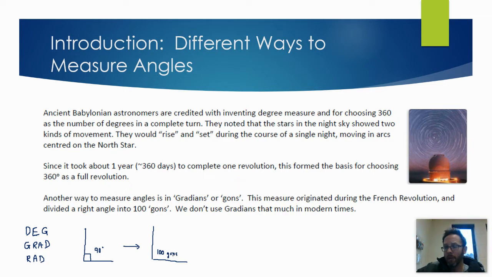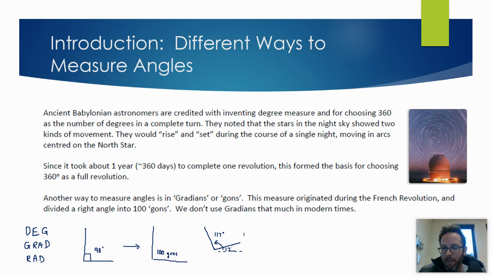And so one complete revolution would be 400 gons. One way this was useful is that two angles would always be perpendicular with each other if you just add 100. So if you had 17 degrees and you wanted to know what angle was at a right angle to that, you just add 100, so 117 degrees.